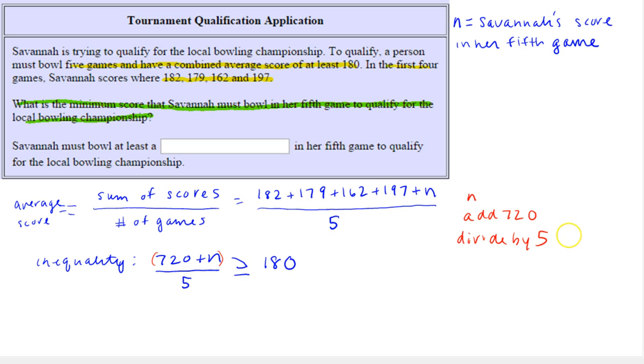So to undo that, to go in the other direction, we do the opposite in the reverse order. So multiply by 5 and then subtract 720. So let's see how that works. First I'm going to multiply both sides by 5. I'm a little low on room here, so I'm just going to erase this.